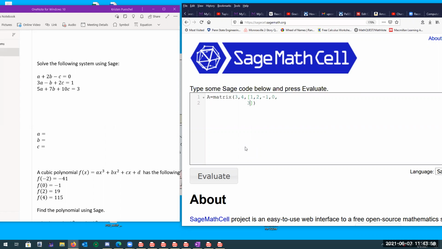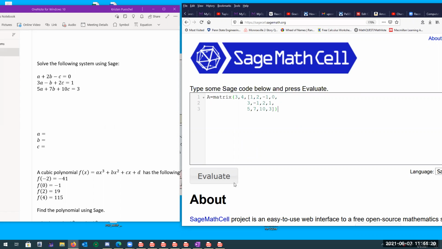As you're entering these in, this return trick is really good, but it's easy to forget the comma at the end here. So make sure you've got a comma between all entries. Our final equation is 5a's plus 7b's plus 10c's equals 3.